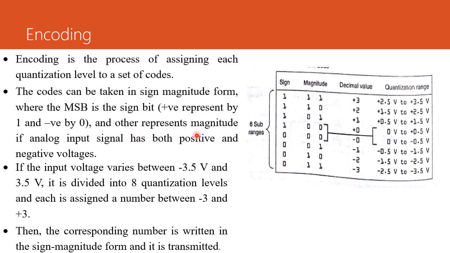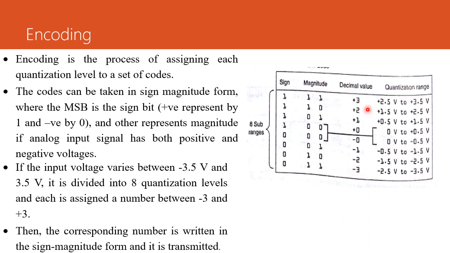The other bits represent the magnitude, if the analog input signal has both positive and negative values. In this table, your input voltage varies from minus 3.5 to plus 3.5, and it is divided into 8 quantization levels, and each is assigned a number between minus 3 to plus 3.